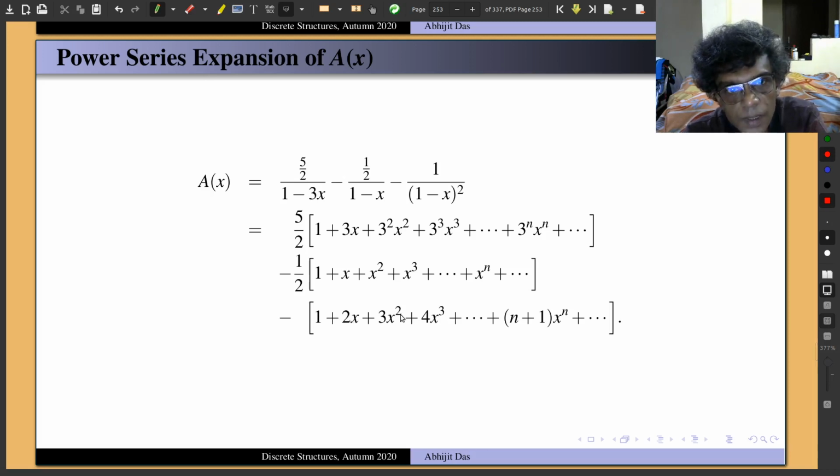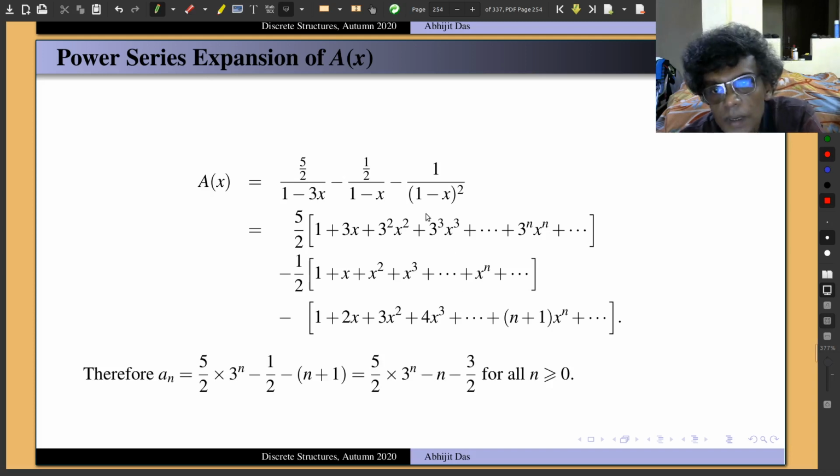Okay. Now if I take the coefficient of x power n from this side, I get the value of an, and that turns out to be, in this example, from here 5 by 2 times 3 power n, minus half times 1, and here minus n plus 1.